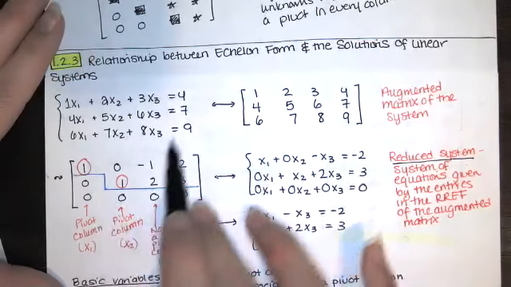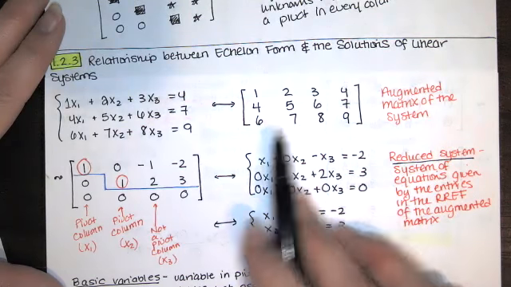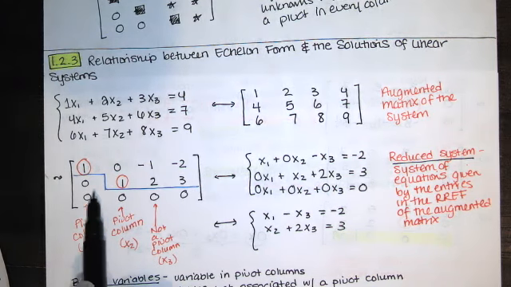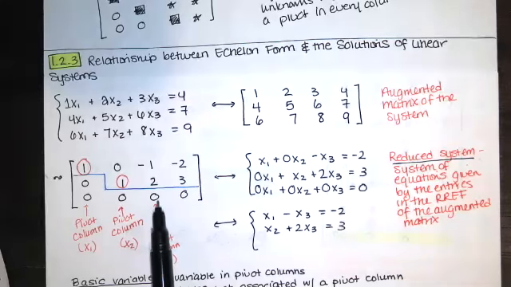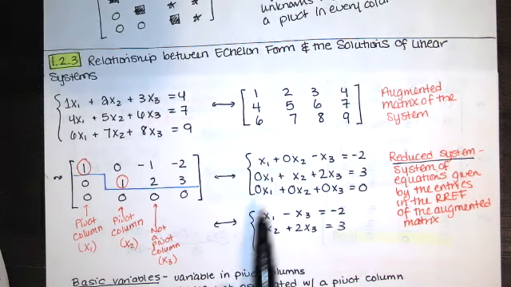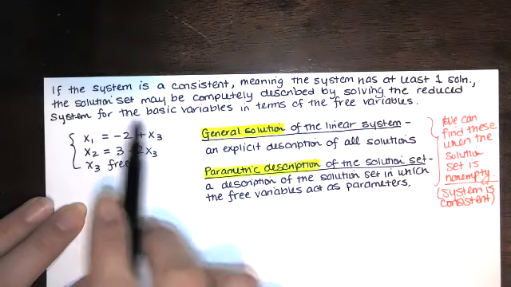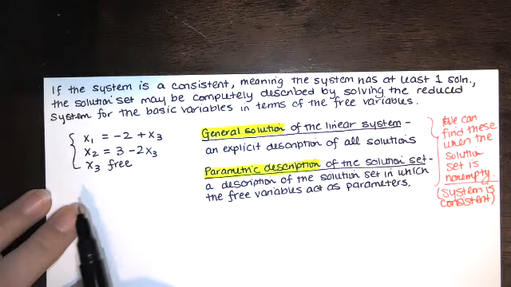If we take the linear system of equations and write it as an augmented matrix, and then row reduce that augmented matrix until it's in this form, and we end up with a free variable, or more than one free variable, then the general solution, or a parametric description, would look something like this. And that means we have infinitely many solutions.